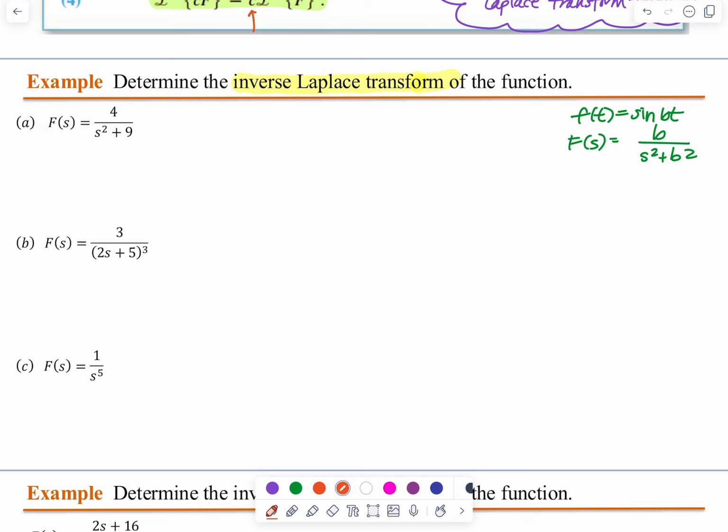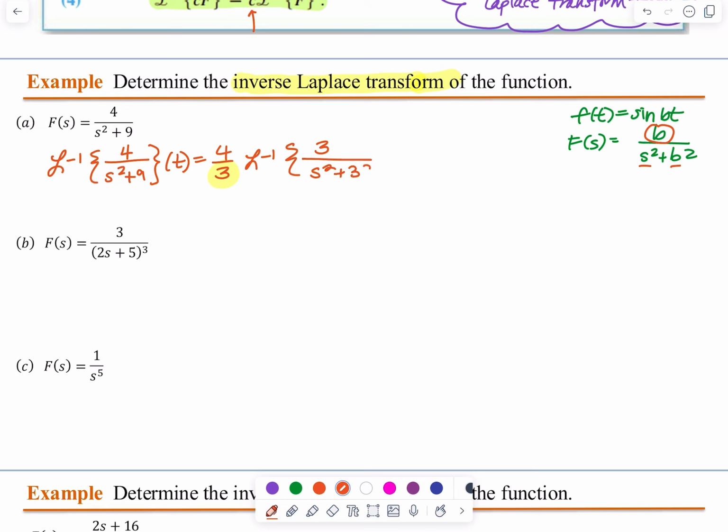Let's say that the inverse Laplace transform of 4 divided by s squared plus 9 of t is going to be equal to 4/3 multiplied by the inverse transform of, and this 3 is going to come from what I'm going to bring here, this 3. Let's go ahead and erase this. And we have 3 divided by s squared plus b squared, so we needed that b of 3.